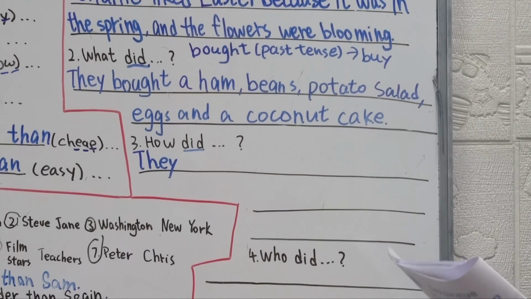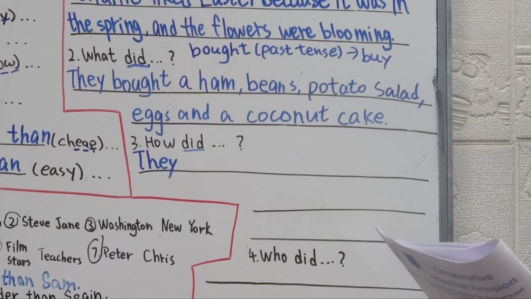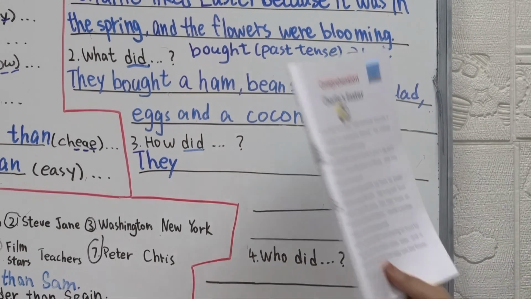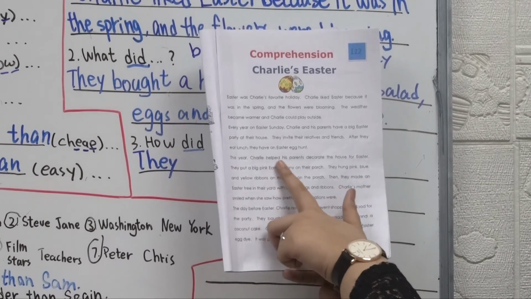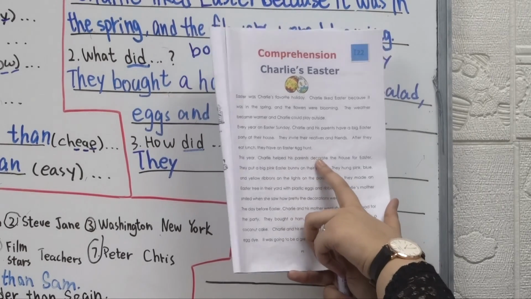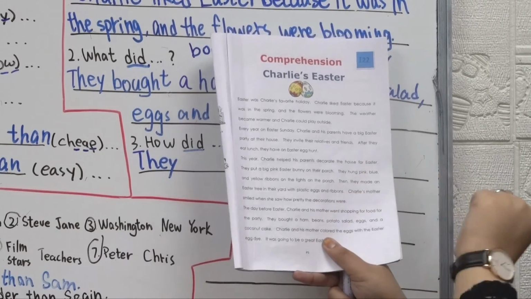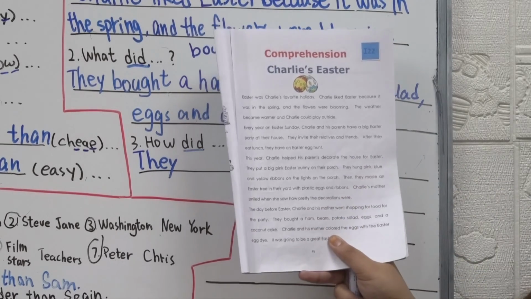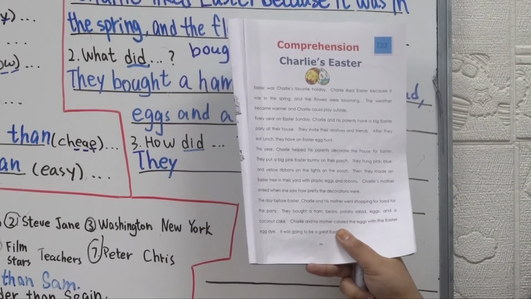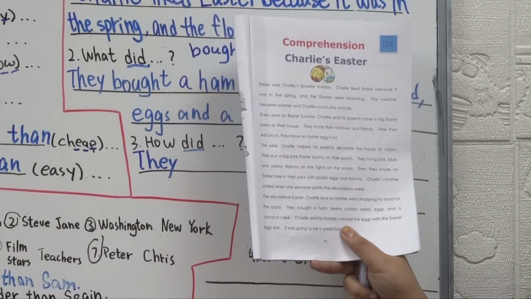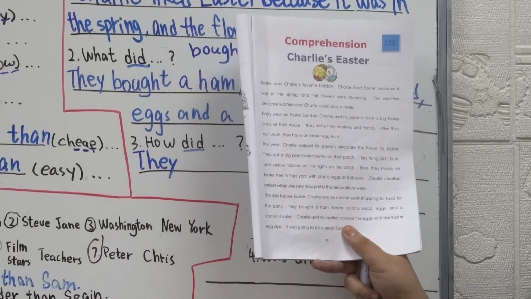Find it. Alright, that is in paragraph 3, right? It says, Charlie helped his parents decorate the house for Easter. But they're asking you, how did they do it, right? So what did they do? Wow, the next sentence is the answer.